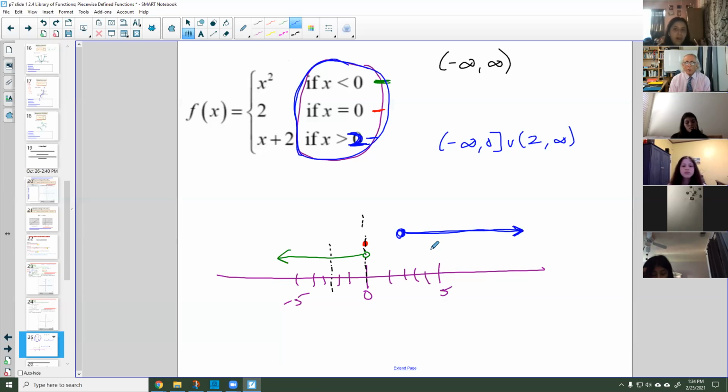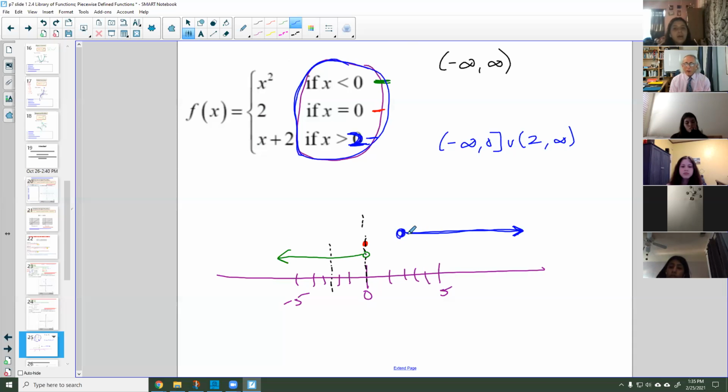So if I'm looking at the domain of my function, all of these combined, you can see the green values go from negative infinity all the way over here to 0, right? And then I include 0 because of that red dot, right? But then I have a gap between 0 and 2.